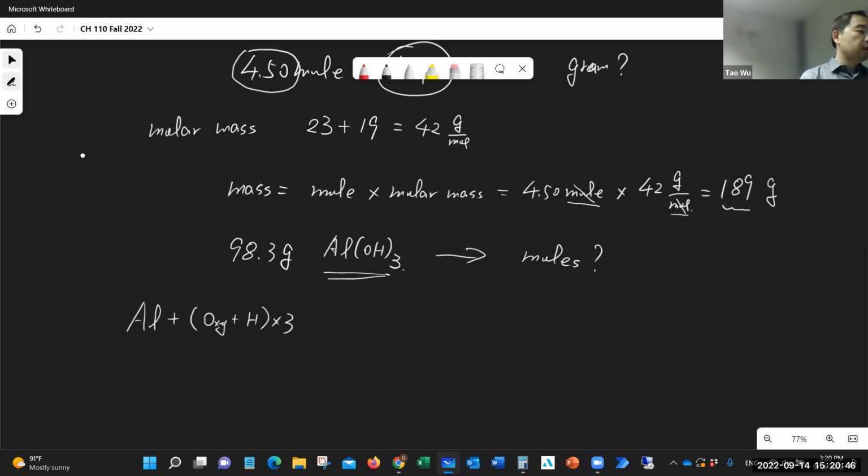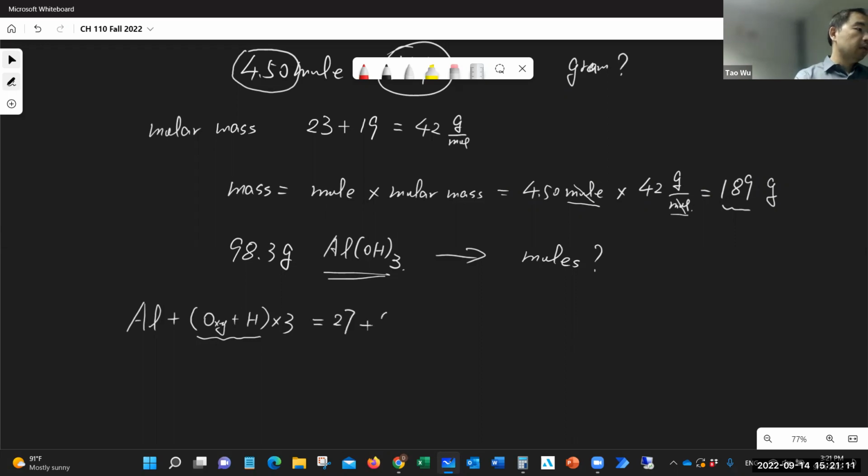You don't have to worry about how many oxygen or how many hydrogen we have. You add the whole mass inside, then times 3. That's the purpose. Aluminum is 26.98, so generally it's just 27.